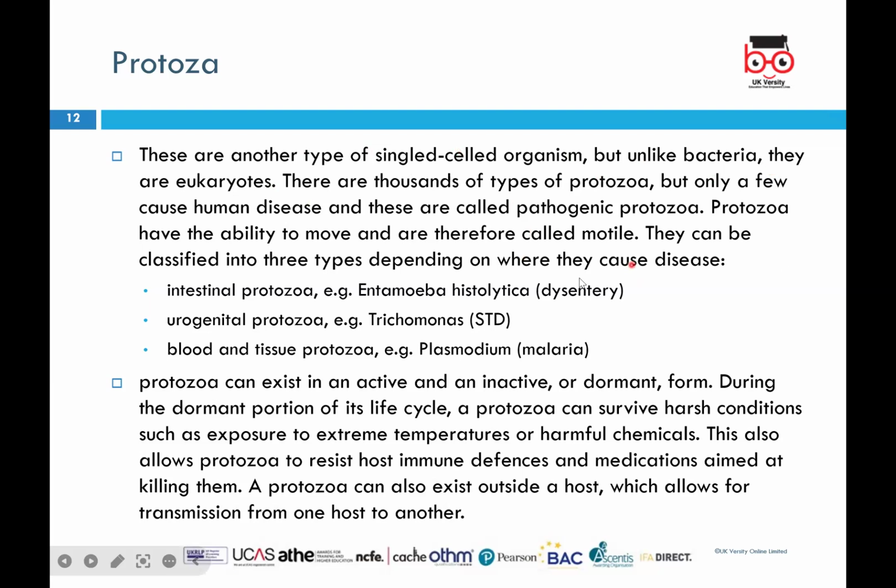They are classified into three types, depending on where they cause disease. So you may have intestinal protozoa happening in the intestine. This is known as Entamoeba histolytica, which causes dysentery. Dysentery is bloody diarrhea.